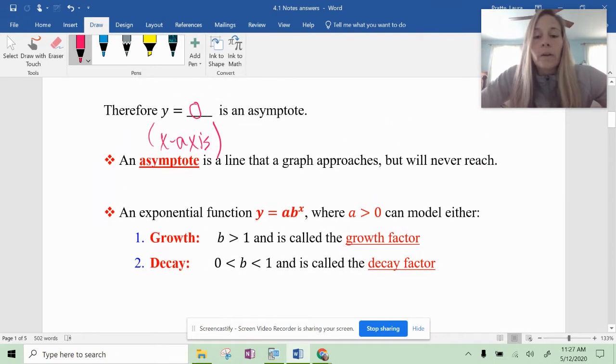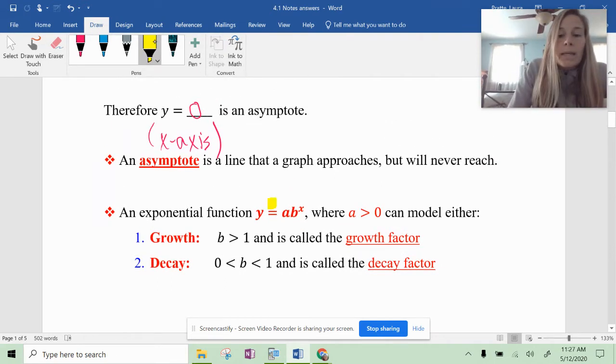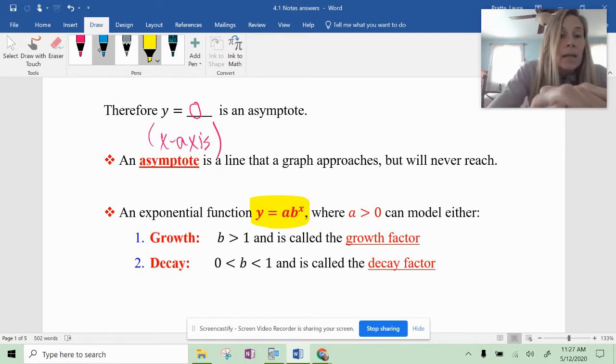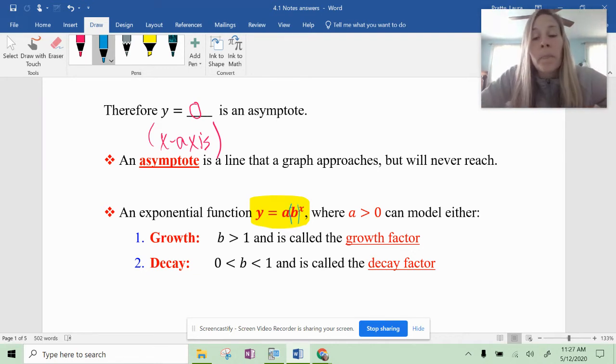An exponential function, y equals a times b to the x power, where a has to be greater than 0, can model either growth or decay. And as we said, it's really that b value that's going to make the difference, because that is what's getting raised to the power.